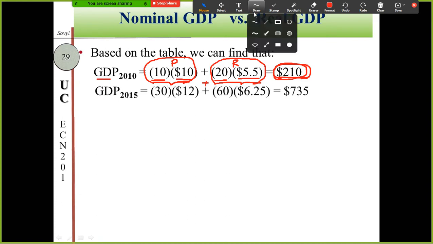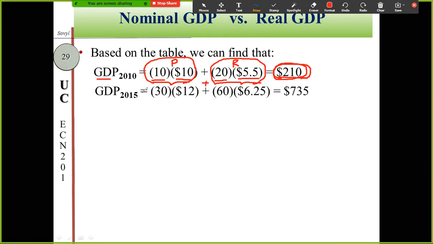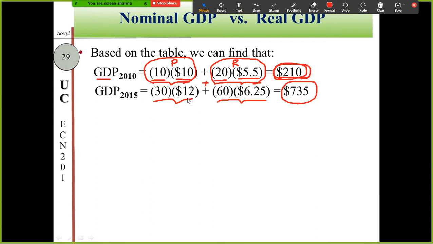For 2015, we do the same calculation and get that GDP in 2015 is 735, from the total market value of pizza plus the total market value of rice in 2015. I will not explain 2015 again.